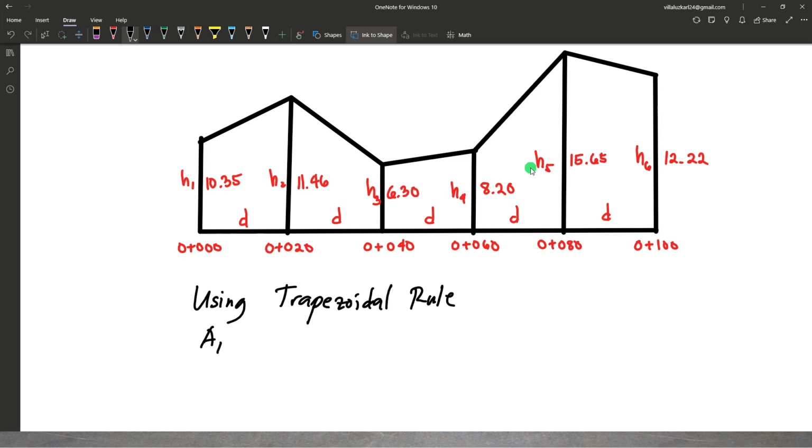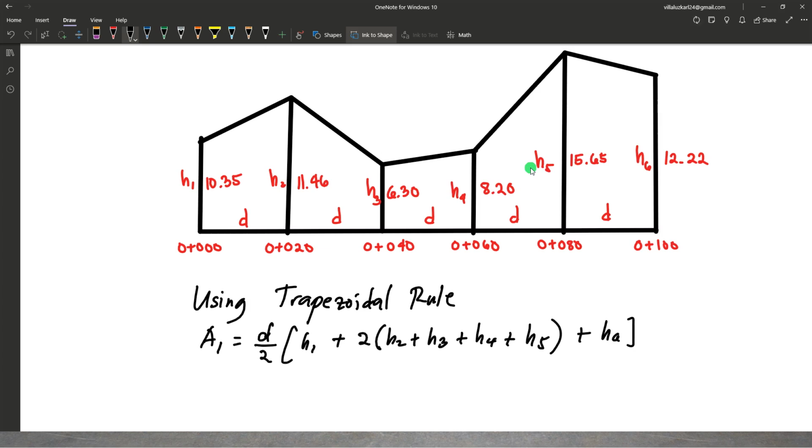The area is equal to d over 2 times the quantity h1 plus 2 times the sum of the intermediate heights, h2, h3, h4, h5, and the last station is h6.